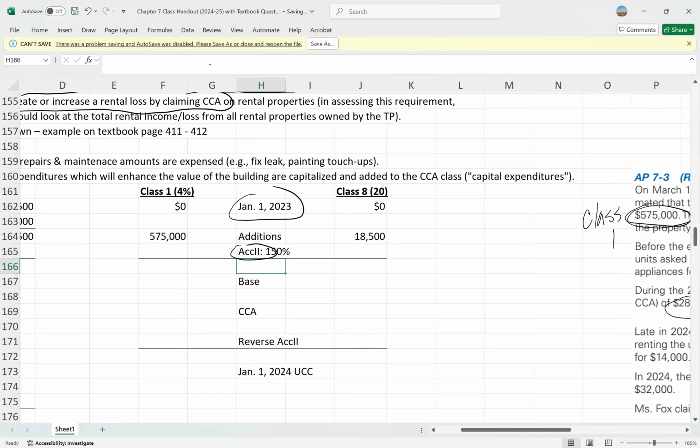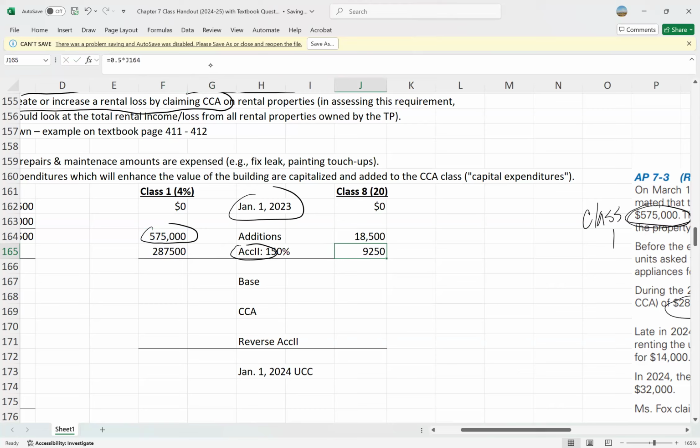So we get the original 100% of the additions, but we get an additional 50% of that amount for the first year of calculating the CCA. So 50% of 575 is an additional 287,500 for CCA purposes. Same with class 8, an additional 9,250.